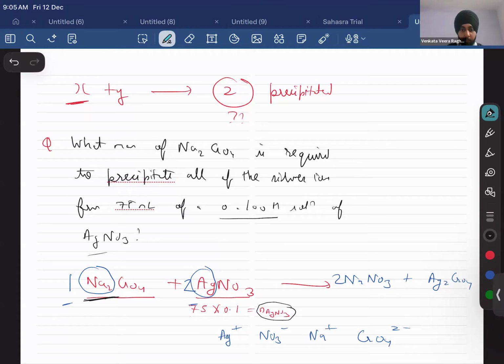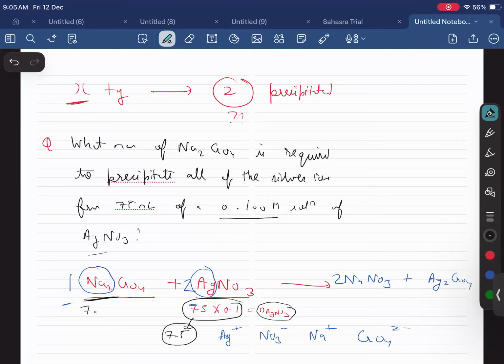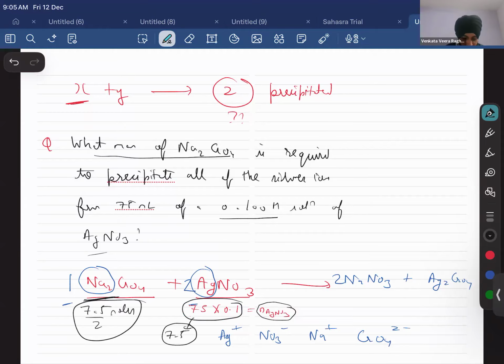I am talking about the moles. If this is the mole of AgNO3, which is 7.5, I can say by 2, sir. By 2. So 7.5 by 2 moles of Na2CrO4 is required to completely precipitate out this AgNO3. Do you agree with me? Yes, sir.